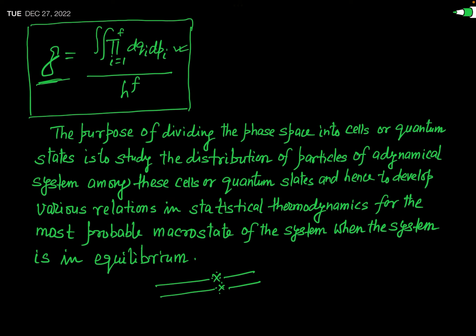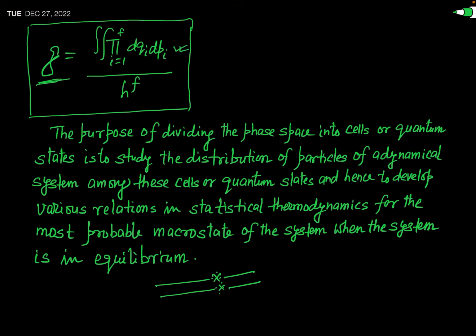Actually this result finds various applications when you will deal with the problem of distribution of particles among the different phase cells while discussing the problem of classical statistics, that is Maxwell-Boltzmann distribution, or the quantum statistics, that is when we will talk about the Bose-Einstein statistics and the Fermi-Dirac statistics.